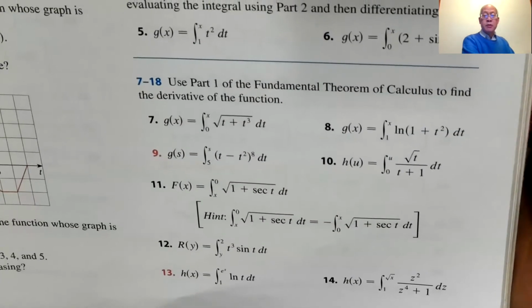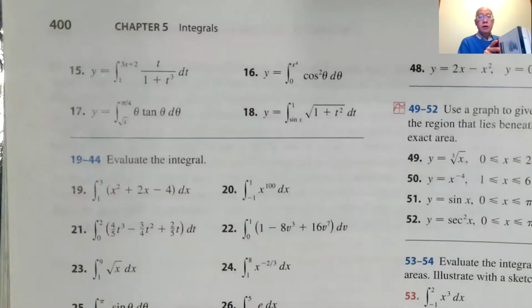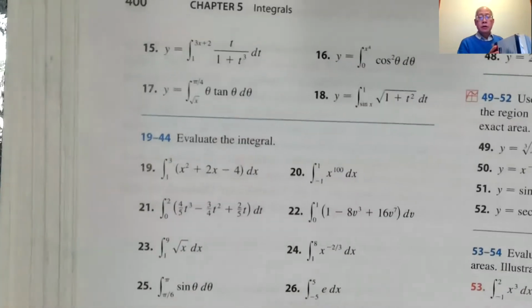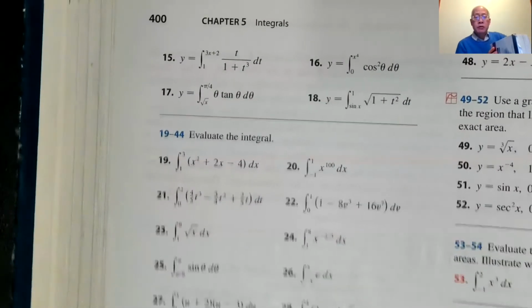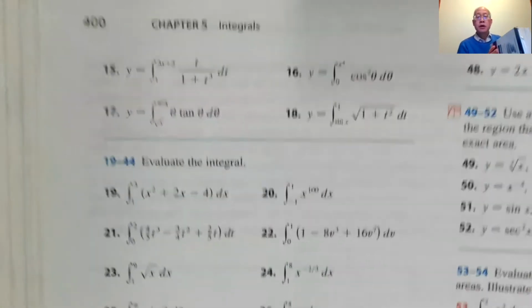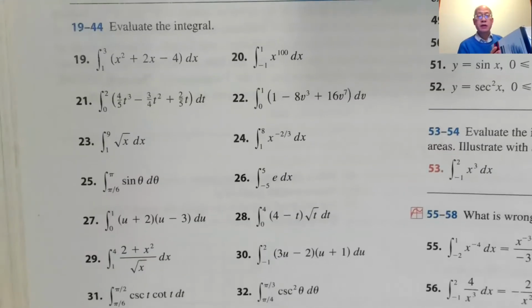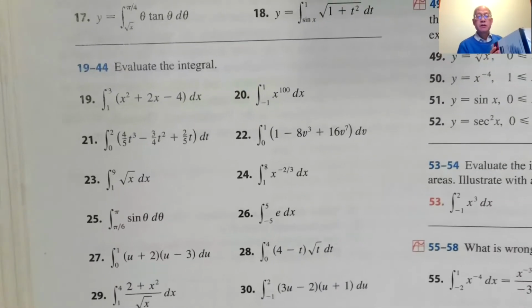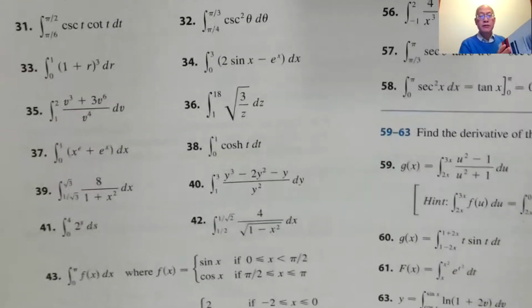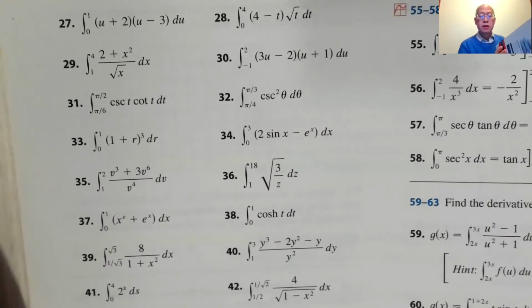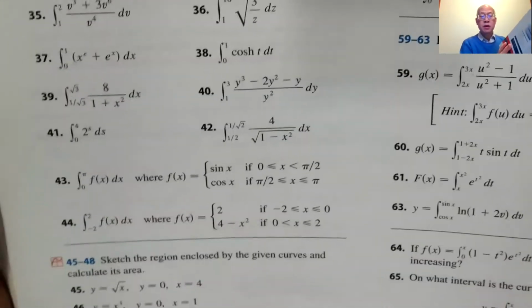So 7 through 13 is fundamental theorem of calculus part 1, and 15 and 17. Starting with problem 19, it's fundamental theorem of calculus part 2, up until the last problems at the very end. So that's up to 27-ish, up to about 41.